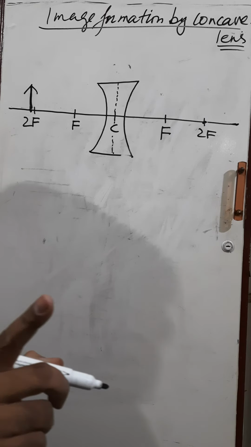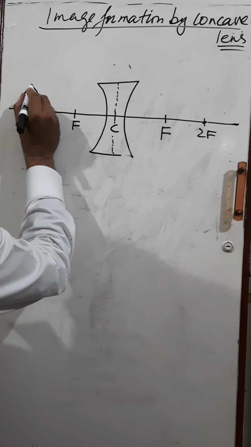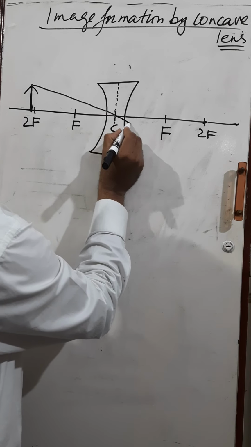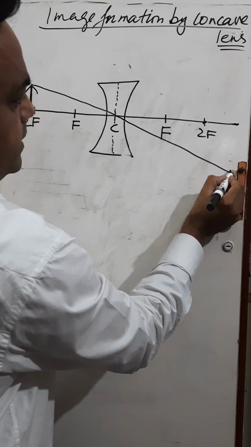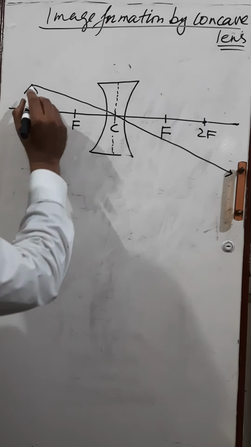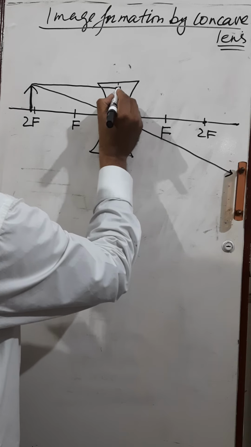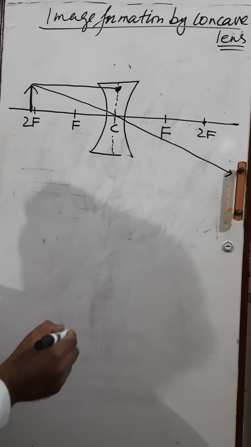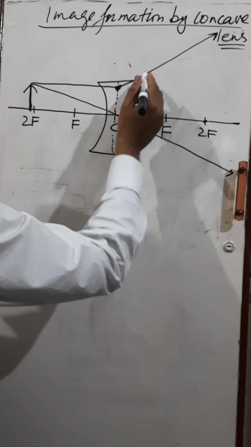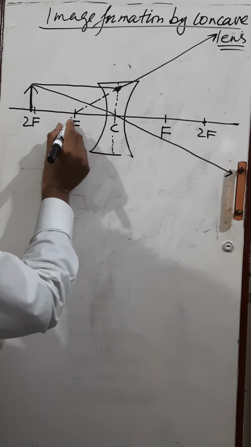Draw two rays, one starting from the tip of the object and it passes through the optical center and goes straight undeviated, it will not bend. The other ray, which is parallel to the principal axis, after refraction will diverge in such a way that it appears to come from this principal focus.